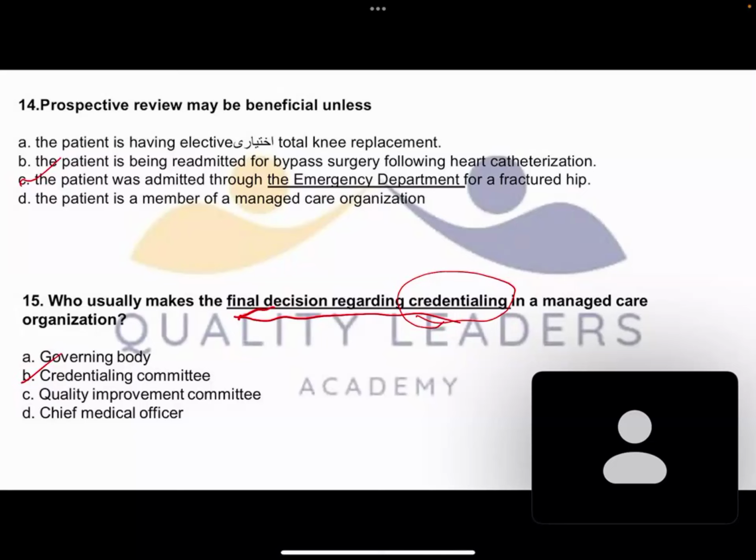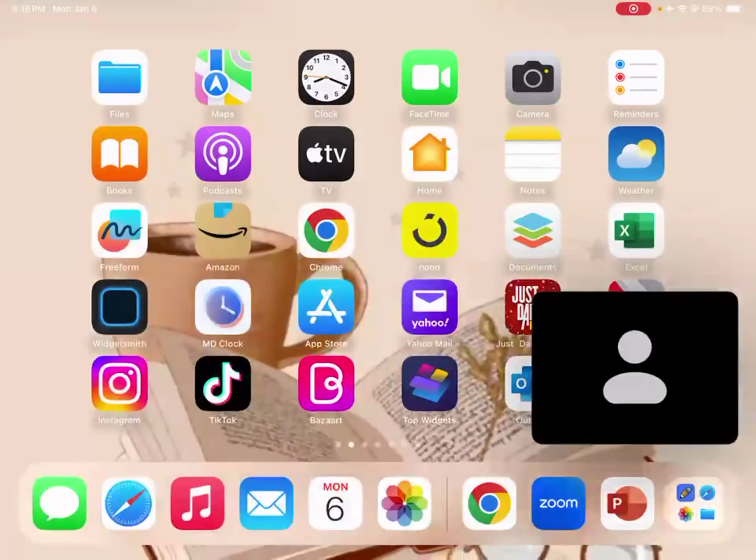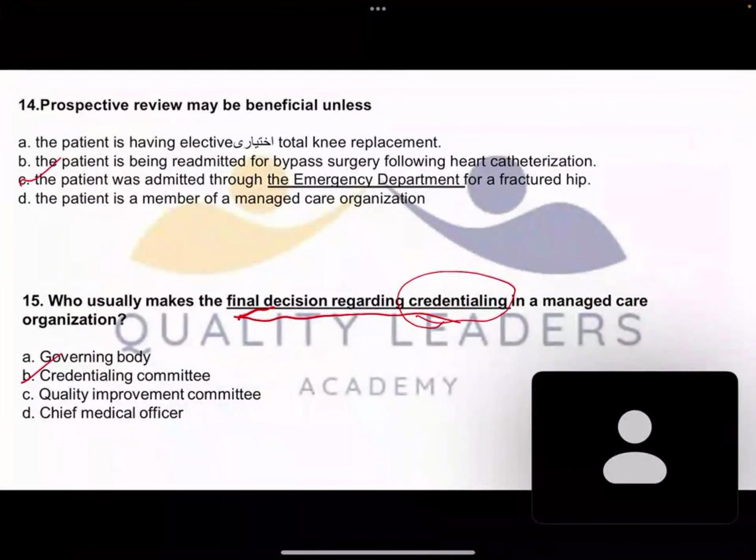Is this okay now? No more echo. Only thing is my voice is echoing to Radha as well. Okay, so shall we continue?